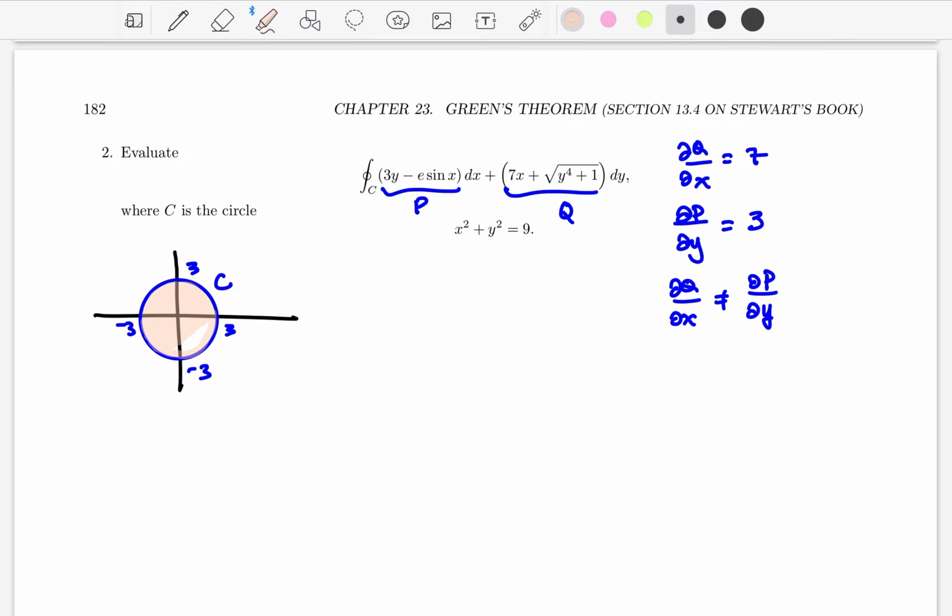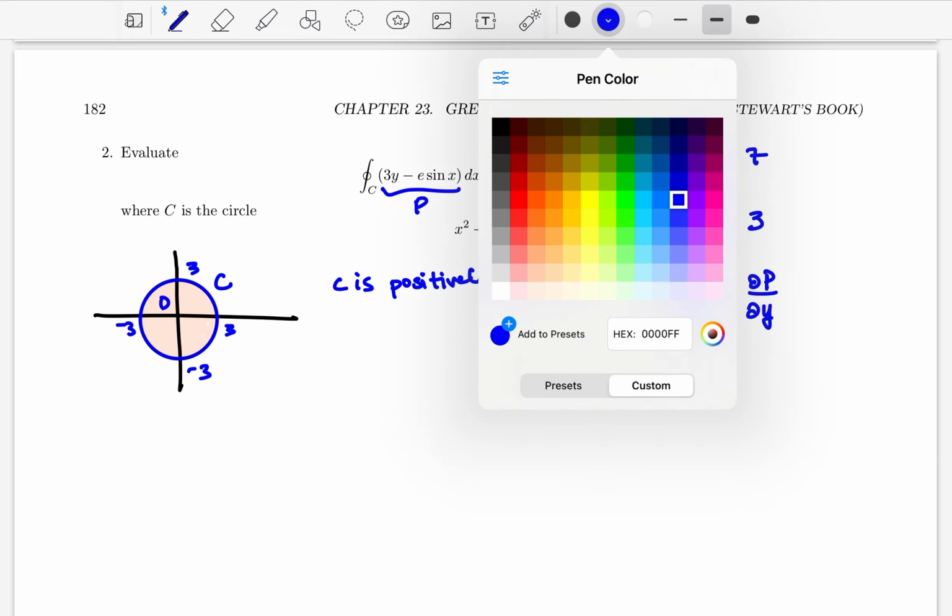So let's see. So this is D. And then we can say it satisfies all the conditions. We see that C is positive oriented, right? This is the way a circle goes. So that's good. We have that.